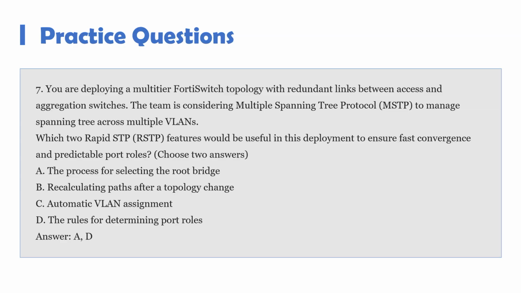Choose two answers. A. The process for selecting the root bridge. B. Recalculating paths after a topology change. C. Automatic VLAN assignment. D. The rules for determining port roles. Answer: A, D.